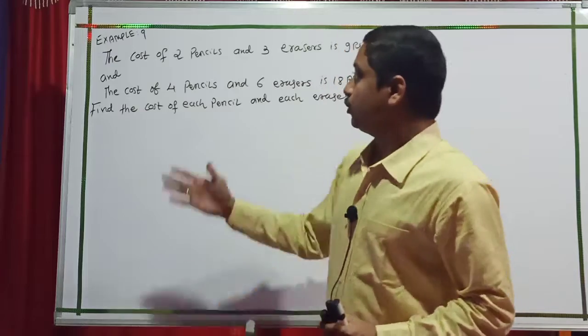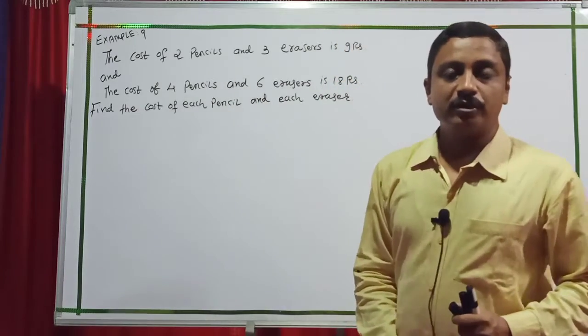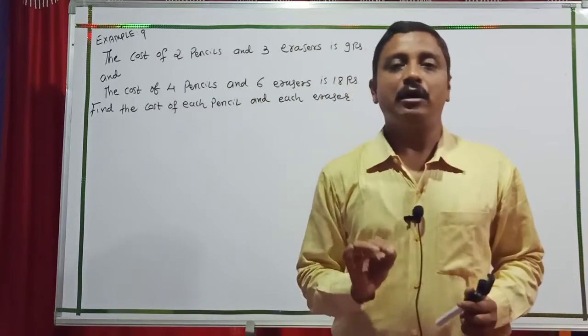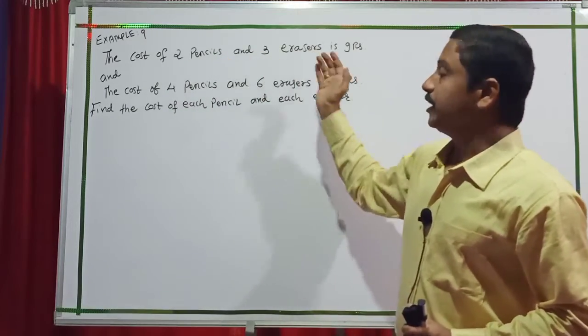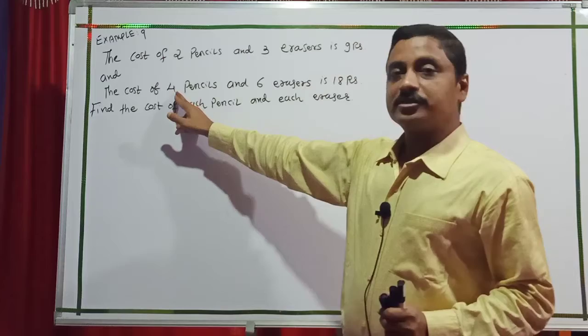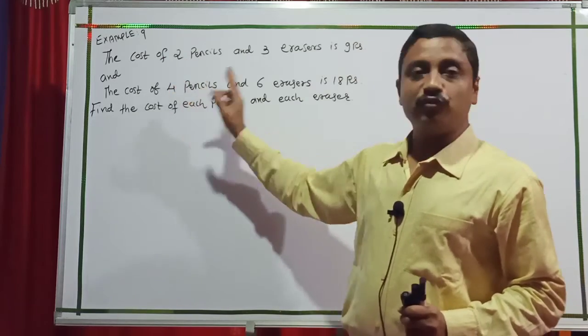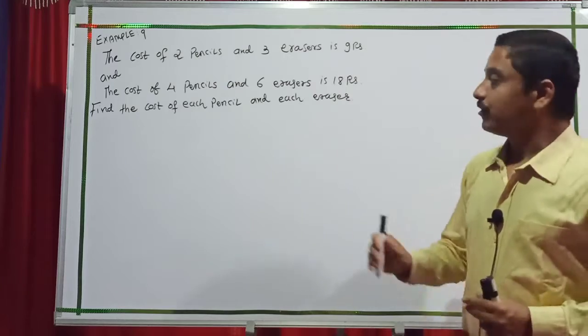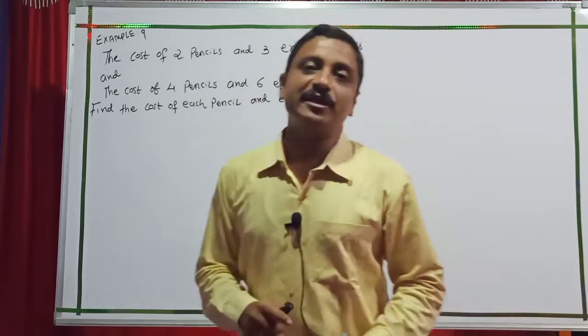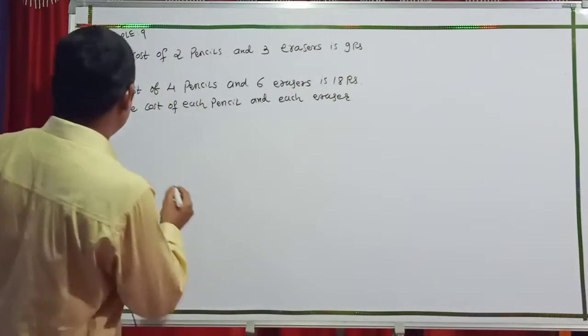Same, students, I am going to illustration number 9. Calculate the same by our substitution method. The question is: the cost of 2 pencils and 3 erasers is 9, and second, the cost of 4 pencils and 6 erasers is 18. Find out the price of each pencil and eraser. It's very simple.